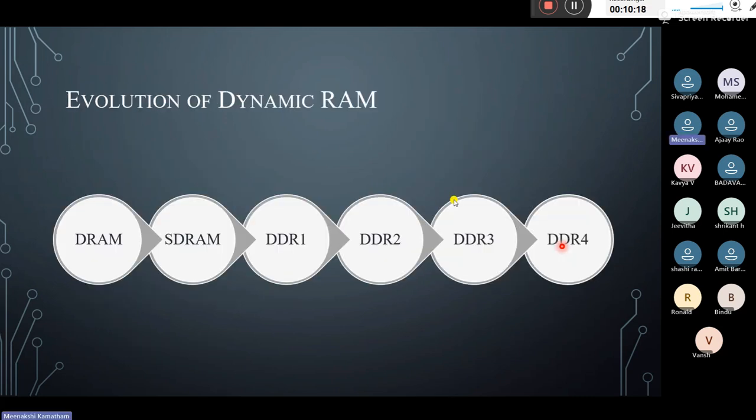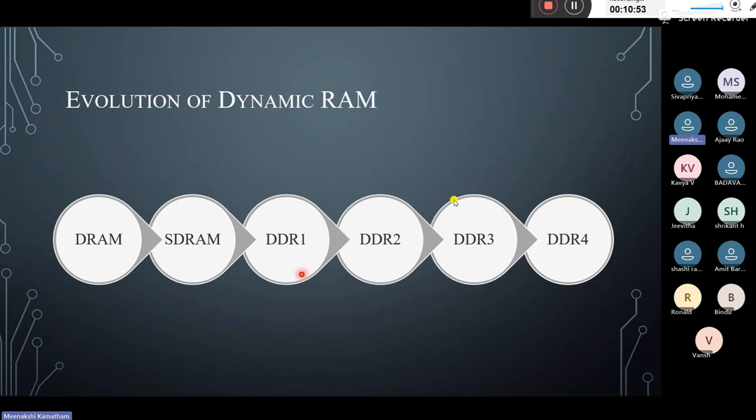Coming to the DRAM, the main reason the DDR came into the picture is this. Initially we transmitted the data at one edge only, either the positive edge or the negative edge of the clock. For example, we always wrote at the positive edge of the clock or always at the negative edge. On every clock change, the data transition should occur. But DDR means double data rate.